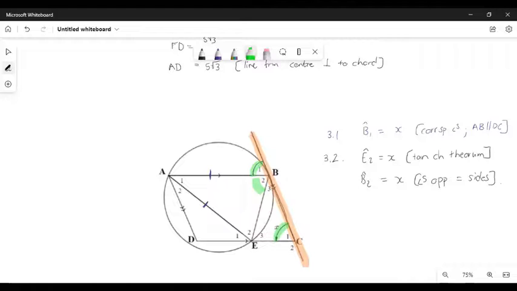Another one. Look at your parallelogram. Why what? D3. Isn't A2 also? Okay, let's unpack B3 first. Why do you think B3 is equal to X?